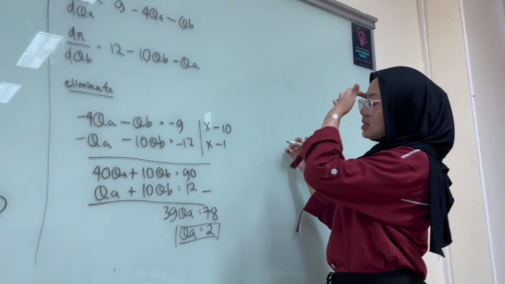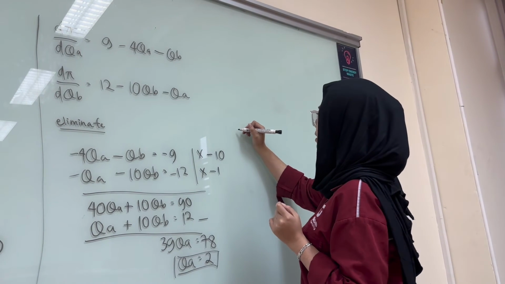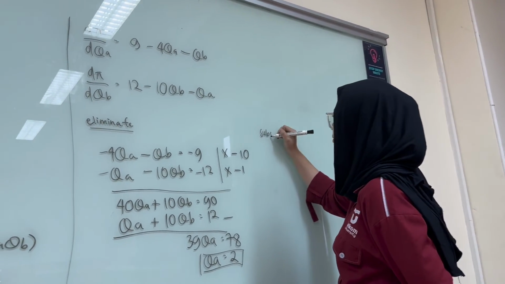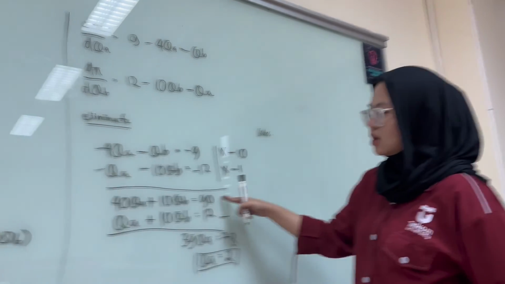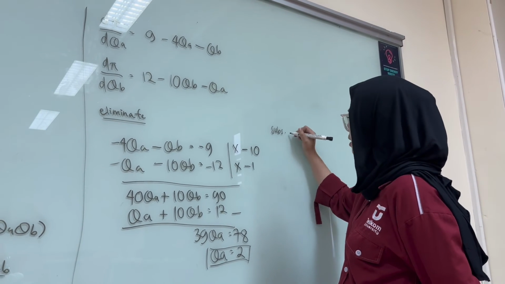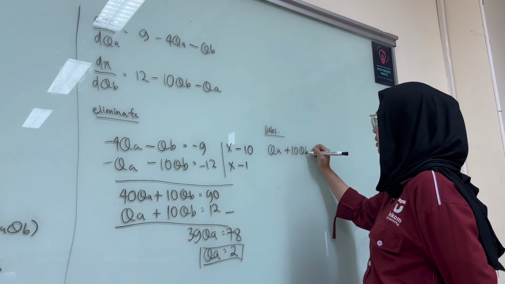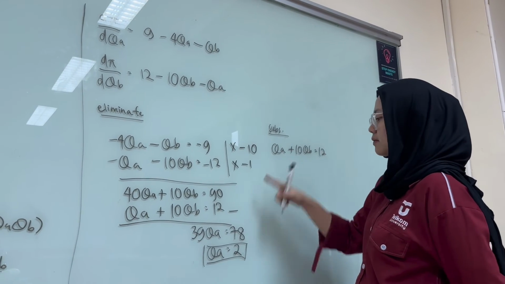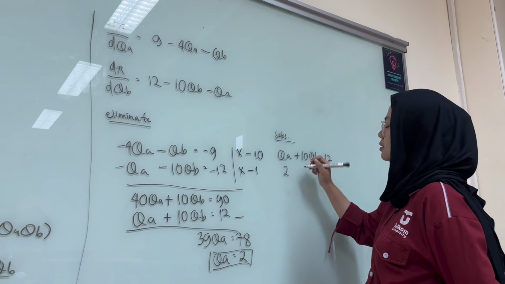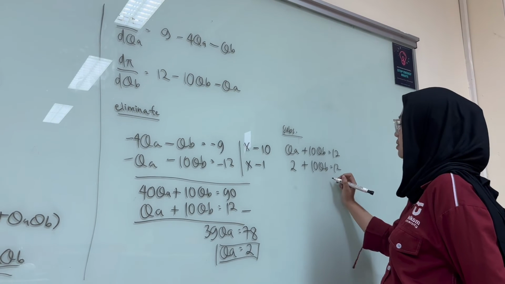And the last step for the A question is we have to substitute this QA into one of these functions, and I will choose this function: QA plus 10 QB equal to 12. We already know the value of QA, so 2 plus 10 QB equal to 12.